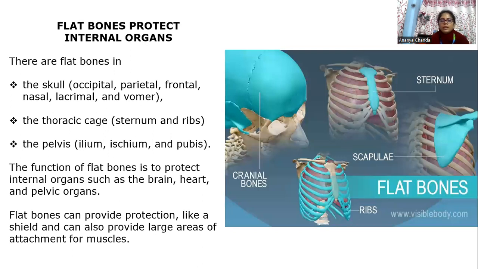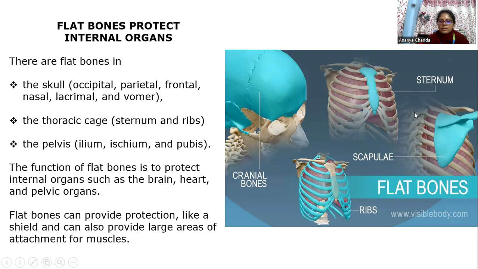Examples of the flat bones that protect the internal organs. Flat bones are the skull. The skull contains the occipital bone, the parietal bone, the frontal bone, the nasal bone, the lacrimal and the vomer. Next comes the thoracic cage, which contains the sternum and the ribs.